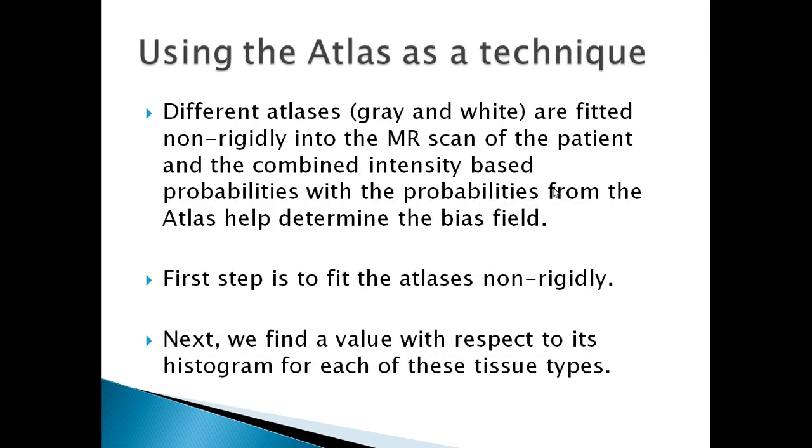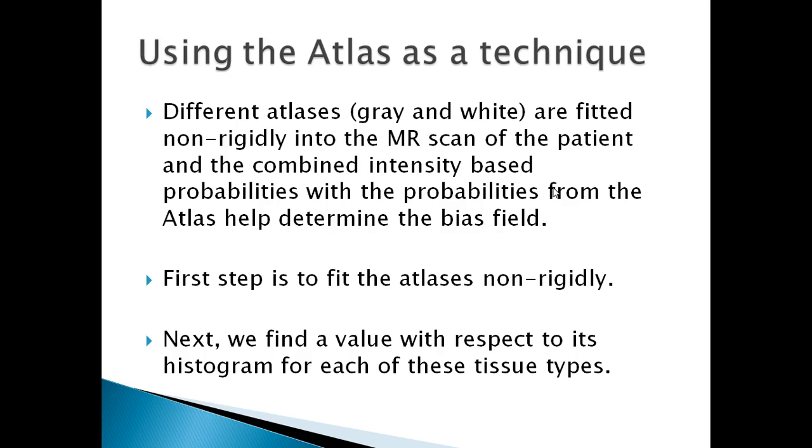So the next is to use the atlas. Different atlases like gray and white are fitted non-rigidly into the MR scan of the patient, and the combined intensity-based probabilities from the atlas help determine the bias field. The first step is to fit the atlas non-rigidly, as already explained in the previous point.